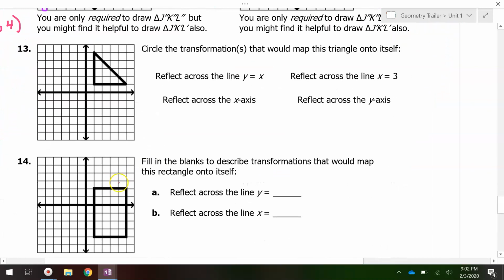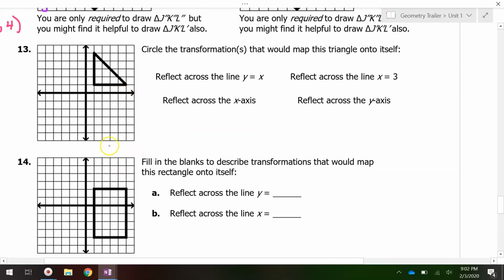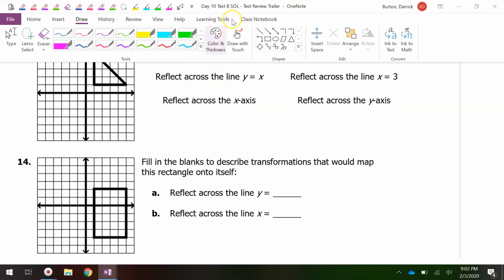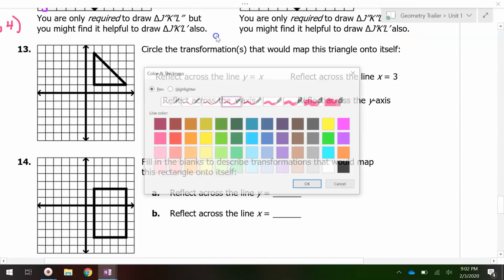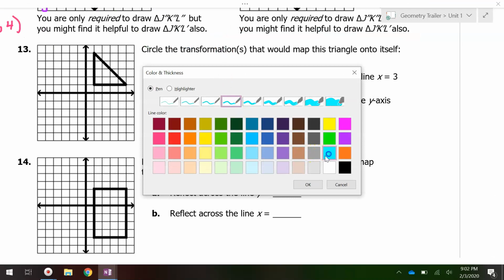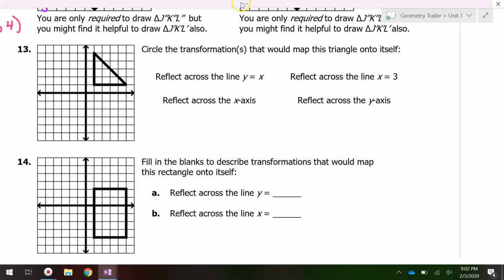All right, number 13. Circle the transformations that would map this triangle onto itself. So mapping something onto itself, especially if you're talking about reflections, and all of these are reflections, we are actually looking for lines of symmetry. So let me switch over to my blue color, because that's what I like to use when I'm drawing lines of symmetry.